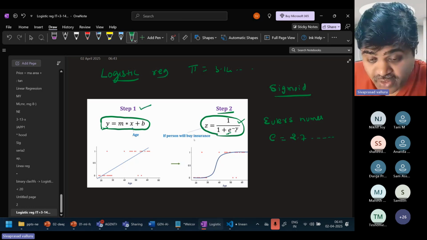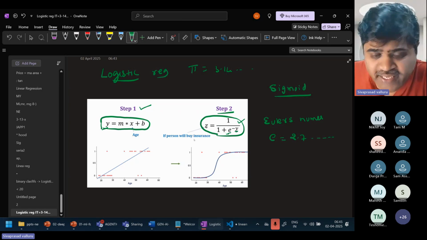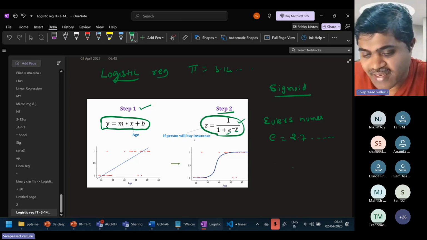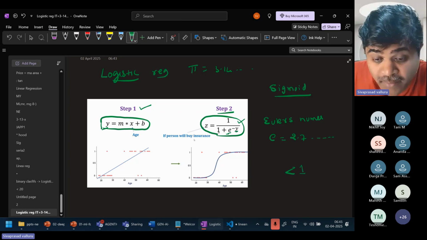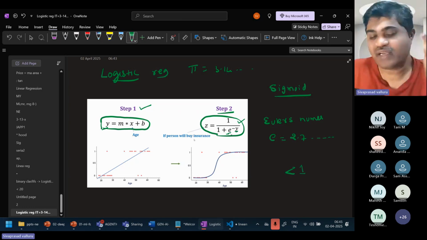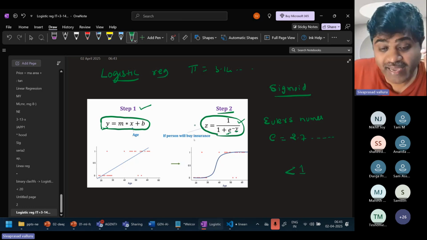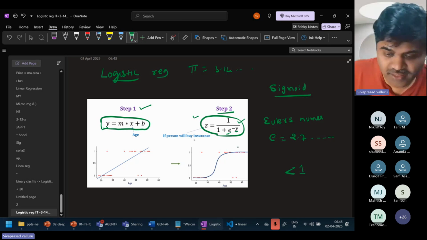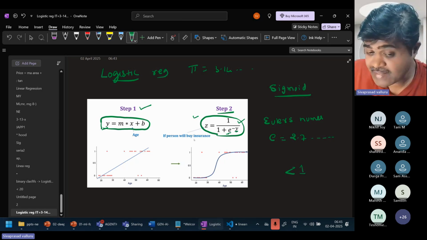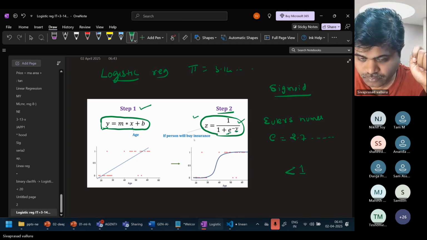And if I substitute it here, don't you think that the value of z is always less than 1? Because 1 by 1 plus something, definitely it will be less than 1. So once I calculate z and try to plot it, the graph will look like this, where the maximum value of z is 1 and the minimum value is 0.